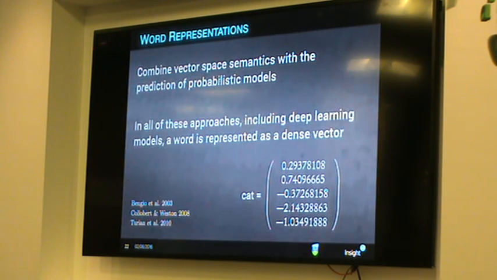So it's a much, much smaller dimensional space. The elements of these vectors, so this should be something like a 200 or 300 dimensional vector for cat, are real valued. These are vectors in real space. So this is the word representation. If we can represent words as vectors and learn these representations in the space, we can do much more interesting things with them.